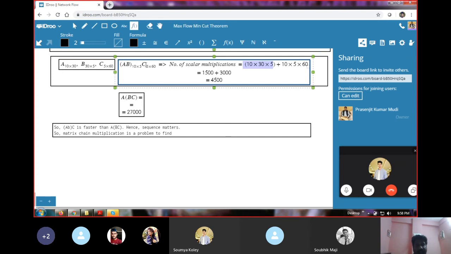That is multiplied with C of dimension 5 cross 60. Computing this product, we have scalar multiplications 10 into 5 into 60. So then it is coming as 4500. Okay.